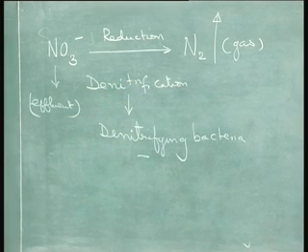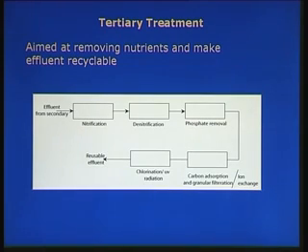Now, coming back to the slide here, we can see that the tertiary treatment is aimed at removing nutrients, that is nitrate and also phosphorus, and making the effluent recyclable, so that I can use the water.